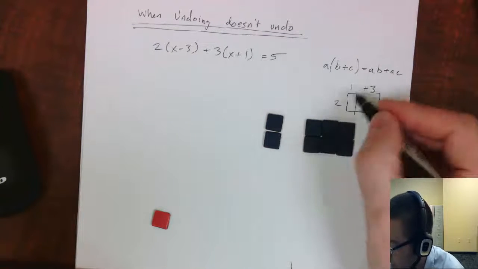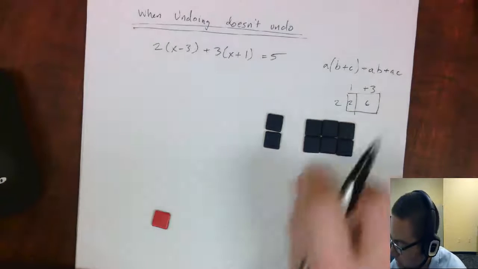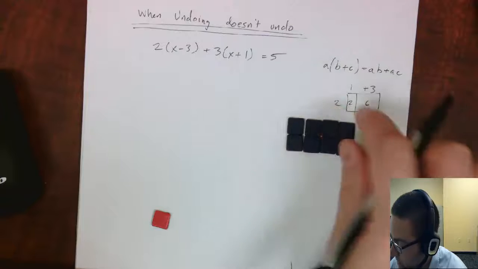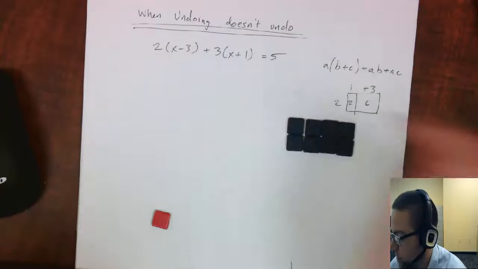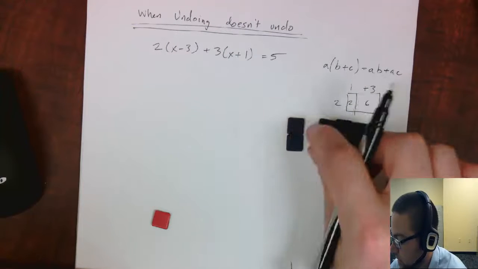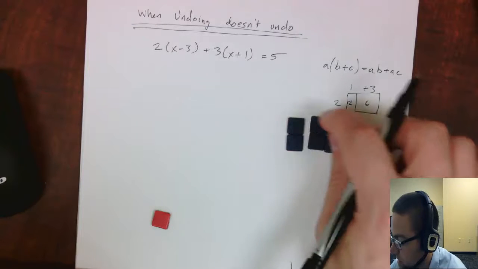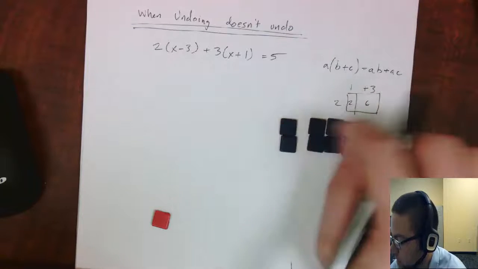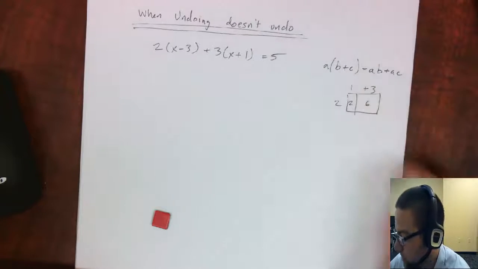So if I add those together, 2 plus 6, I get 8, right? Well, I could have added them together first and got 1 plus 3 is 4. 4 times 2 is 8. So you see that this will always be the case, that the quantity of multiplying over addition will always be the same as the quantity of multiplying each individual part and then adding them together.